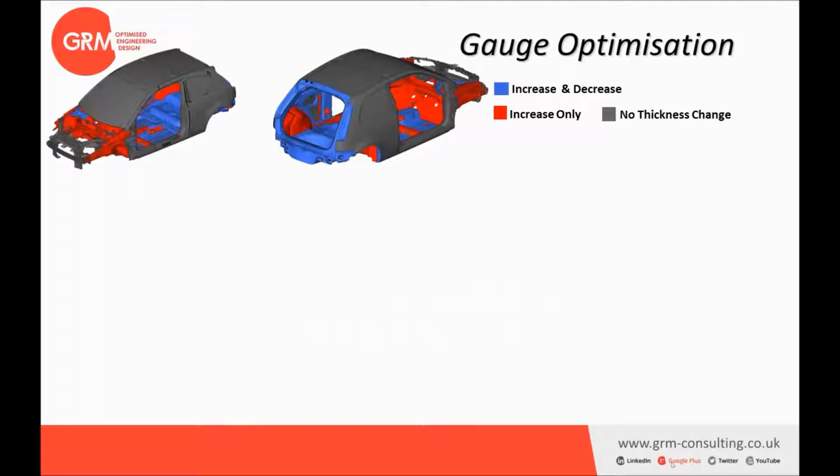The red ones, the thickness can only increase because they are quite important panels, for example, for crashworthiness. And finally, the panels that have a thickness that cannot change, for example, the body side panels or the panels that have a surface that is necessary, we have removed from the optimization.